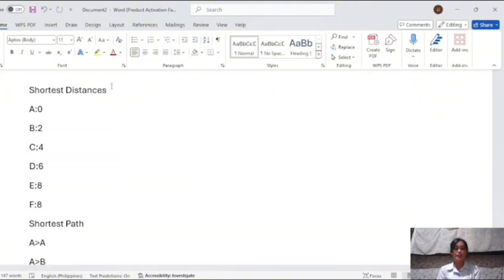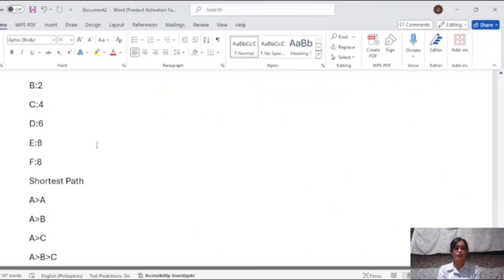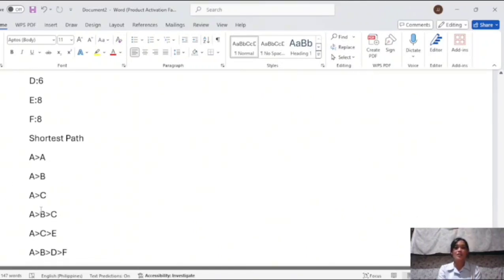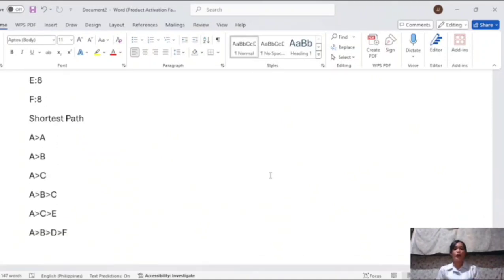So let's proceed to the shortest path. The shortest paths are A to B, A to C, A, C, and E, and A, B, D, and F. So, to find the shortest path in a network, you would apply the algorithm starting from the specified vertex, and the algorithm would determine the shortest distance and the path to all other vertices in the network.